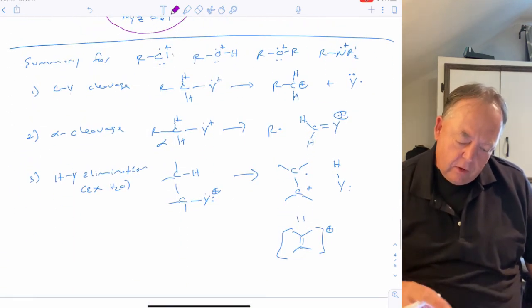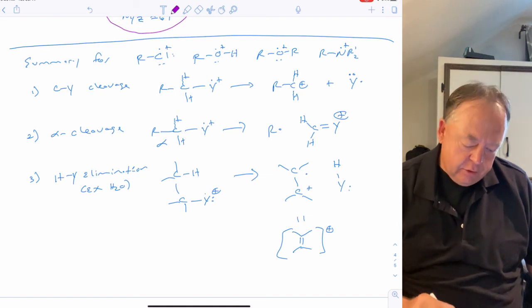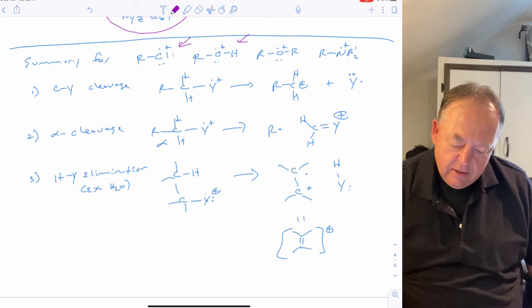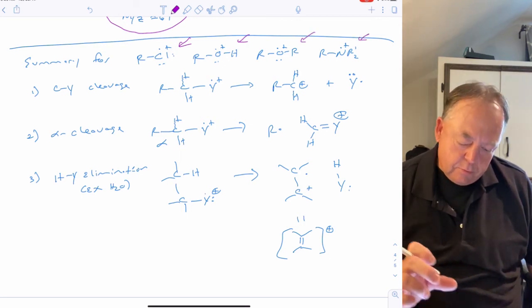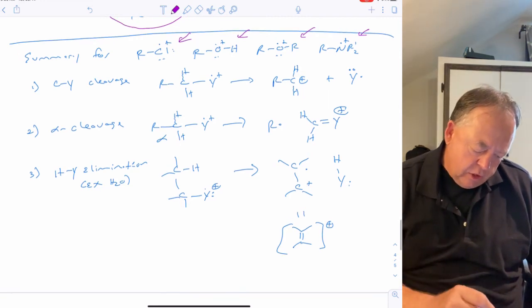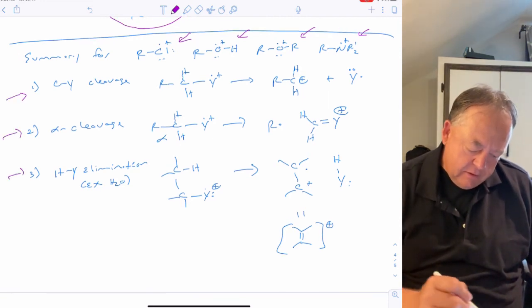Okay, so just to summarize some of these fragmentations. So if you have alkyl halides, alcohols, ethers, amines, and that's a pretty significant chunk of organic molecules, then there are 3 common pathways that they can fragment, right?